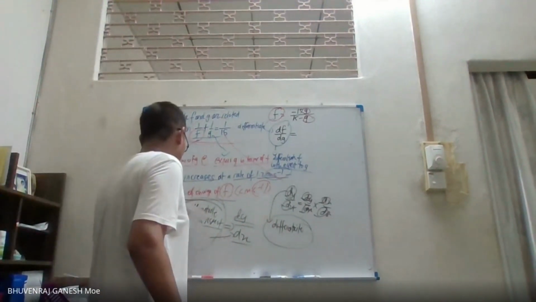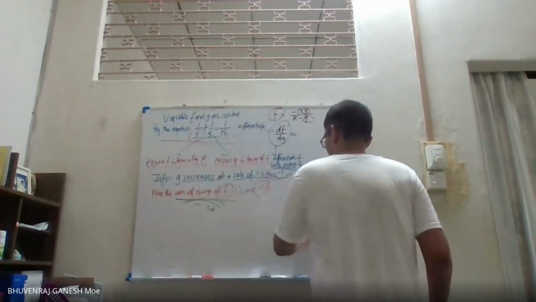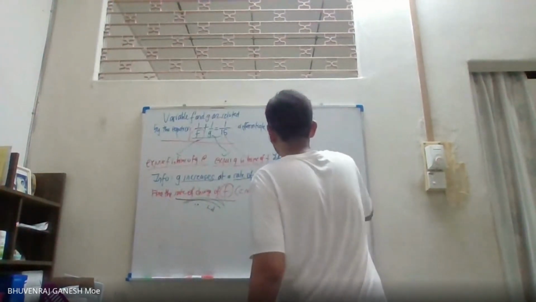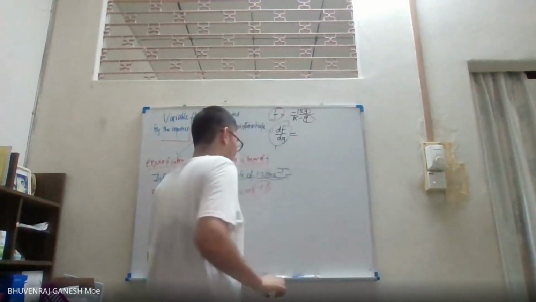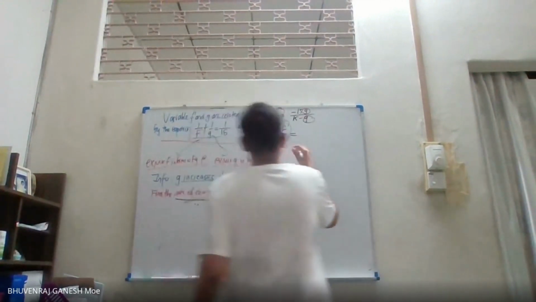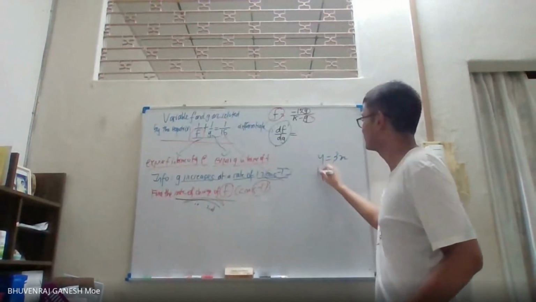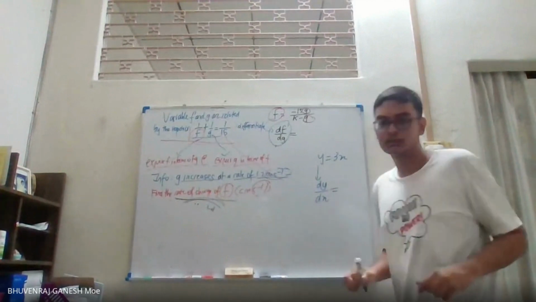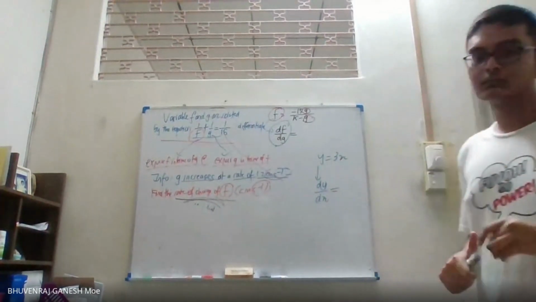Let's say from this equation, I don't ask yet. Let's say I got an equation y is 3x. Can you tell me what you get after you do dy over dx? What's the value you get? Y equals 3x, then what do you get after you differentiate this?